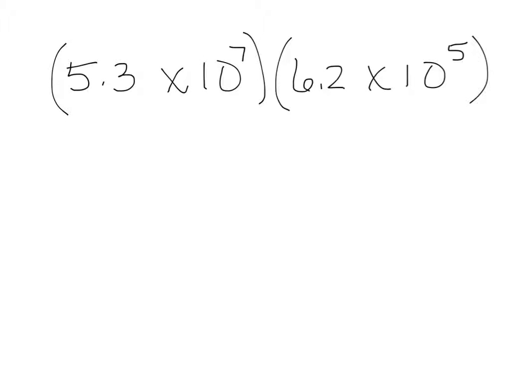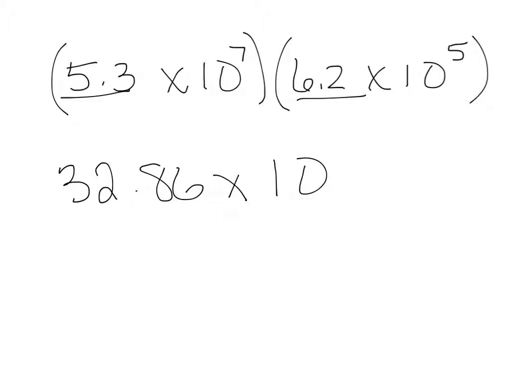Let's do this one and see if it's as straightforward. It says we're supposed to take the coefficients and multiply them together. 5.3 times 6.2 is 32.86. And then that'll be times 10 to the 12th. Now, if I look at this number right here, it is not in scientific notation because 32.86 is not between 1 and 10.